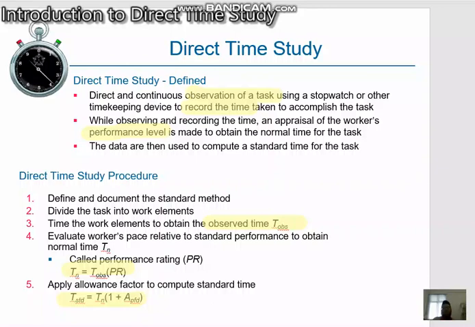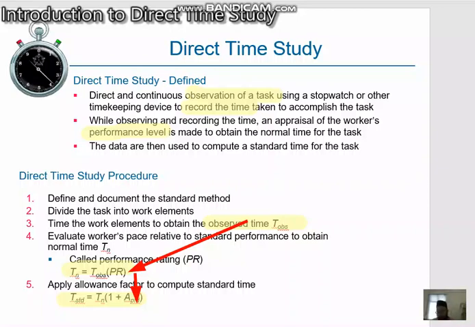So from observation time, with the performance rating value, we can determine the normal time, and after we have known the allowance factor, then we can get the standard time. So from T observed to T normal to T standard. Observation time, normal time, and standard time.